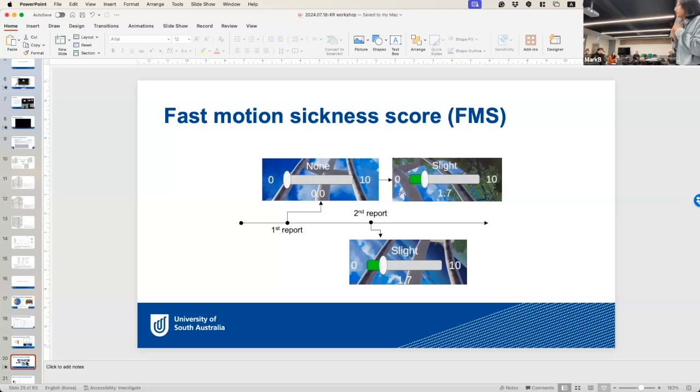If you make the whole virtual roller coaster, then it can reflect your head movement. If you move your head, the scene also follows your head movement, but 360 video usually doesn't. So yeah, I remember that 360 video induces higher sickness.